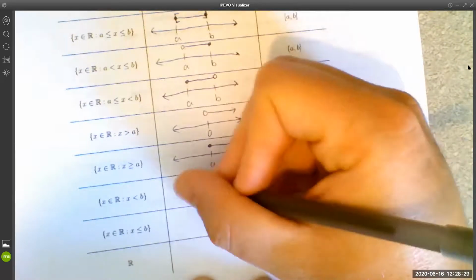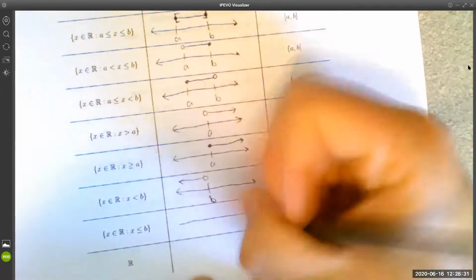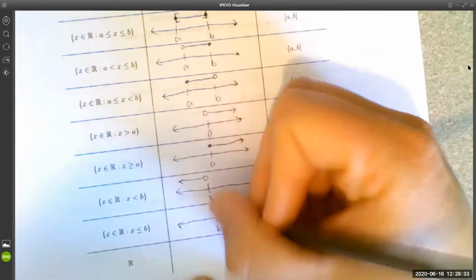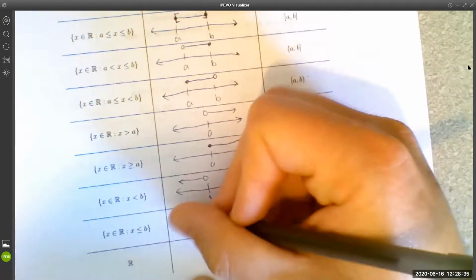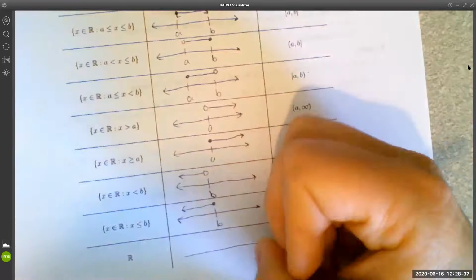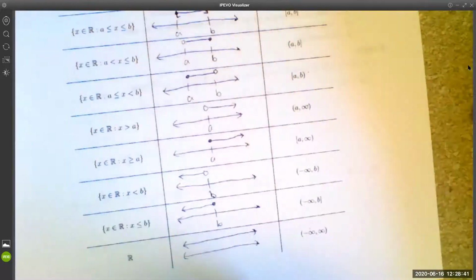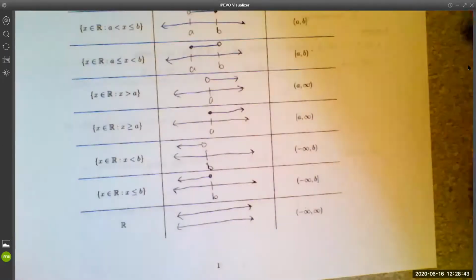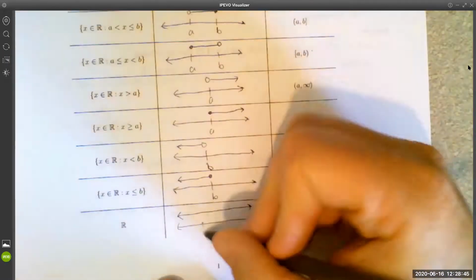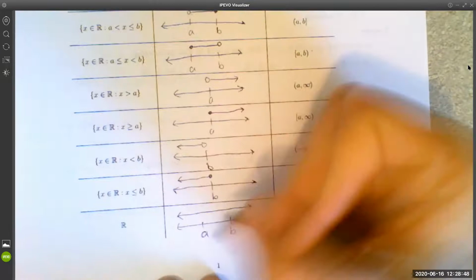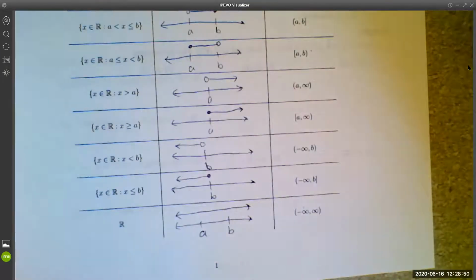X less than B. X less than or equal to B. And then finally, all real numbers. Maybe we could label some real numbers down here, but we're trying to describe all of them, so that's that.